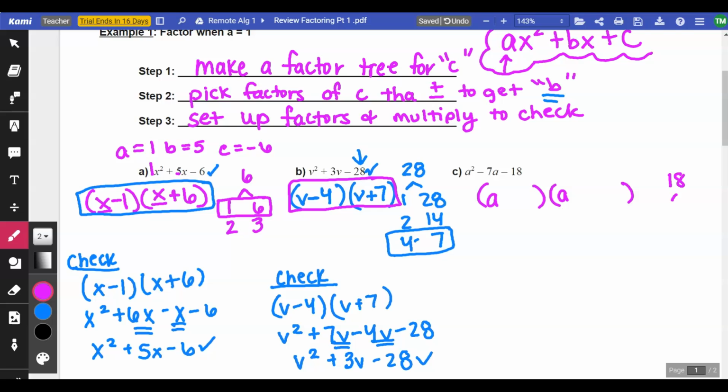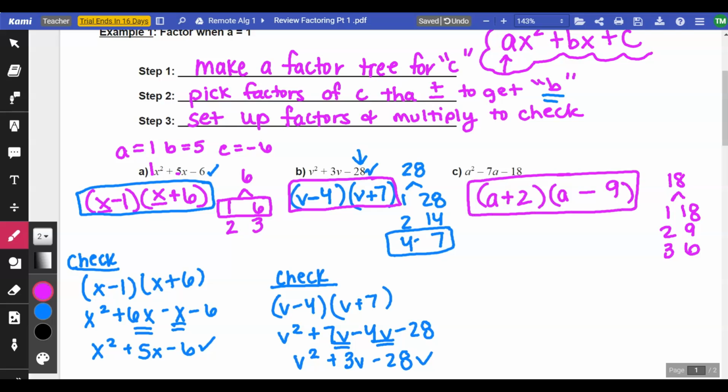Factors of 18 that add or subtract to give us 7. 2 and 9. We need a negative 7 when we add and a negative 18 when we multiply. So your factors should be a plus 2 times a minus 9.